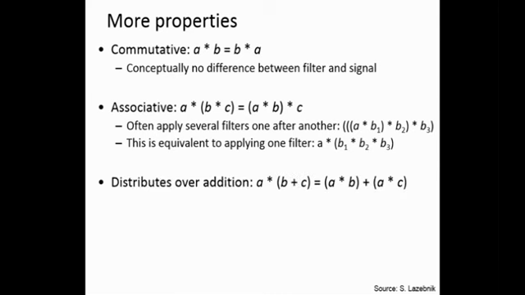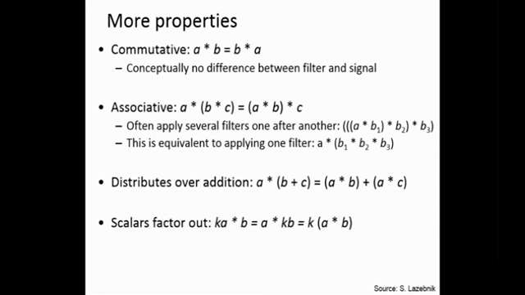Distributes over addition: if I filter A with B plus C, that's the same as filtering A with B and then adding the response to filtering A with C. Similarly, scalars factor out.